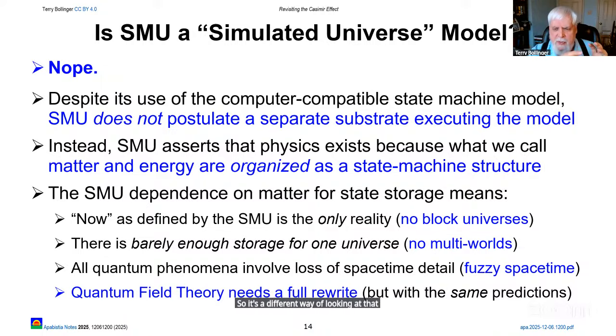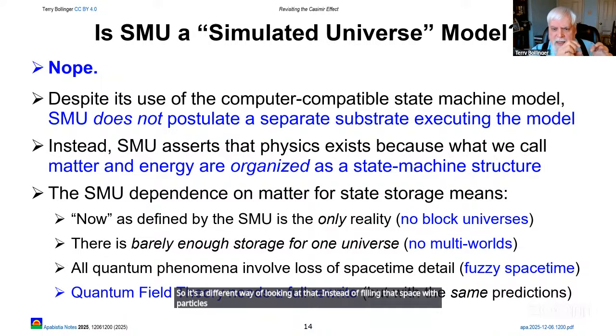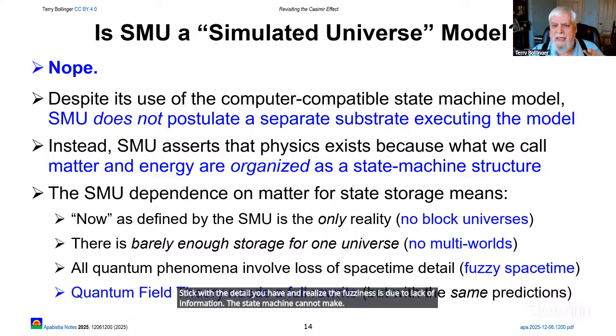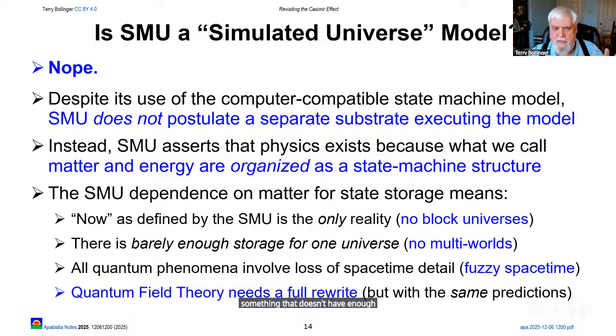Instead of filling that space with particles that all take infinite energy to actually instantiate, you just say that doesn't sound right. Let's stick with the energy you have, stick with the detail you have, and realize the fuzziness is due to lack of information. The state machine cannot make something that it doesn't have enough memory to define.